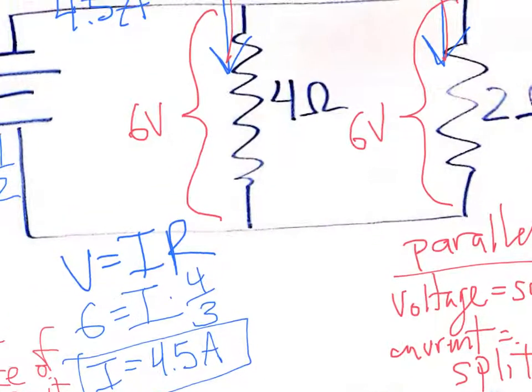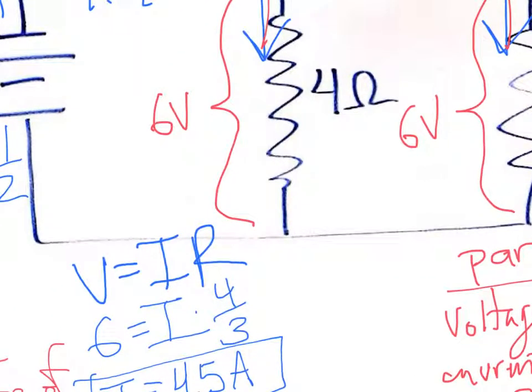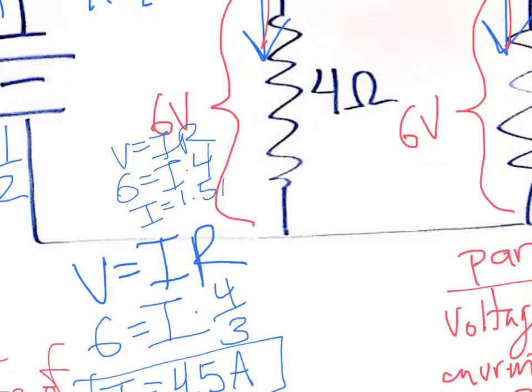Let's zoom in and say Ohm's law, 6 volts, current, resistance, 6 divided by 4 is 3/2, which is 1.5. Okay, so the current through this resistor is 1.5 amps.